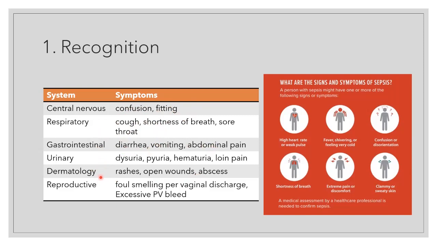In pregnancy, you also need to look for evidence of mastitis. Is the breast engorged or not, and is the wound healed? And then for reproductive organ, they can come with foul-smelling per-vaginal discharge, or they can even come with excessive per-vaginal bleed, especially those who have secondary PPH or those who have endometritis.